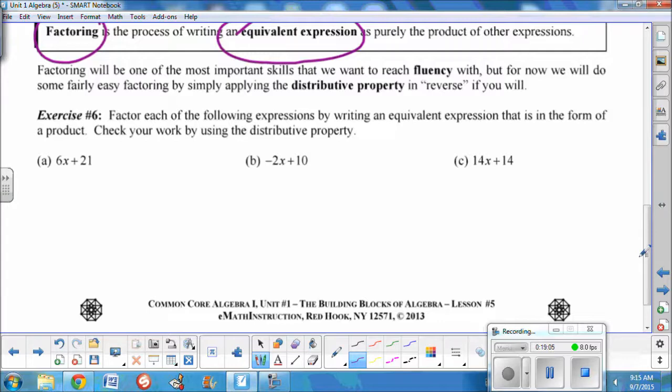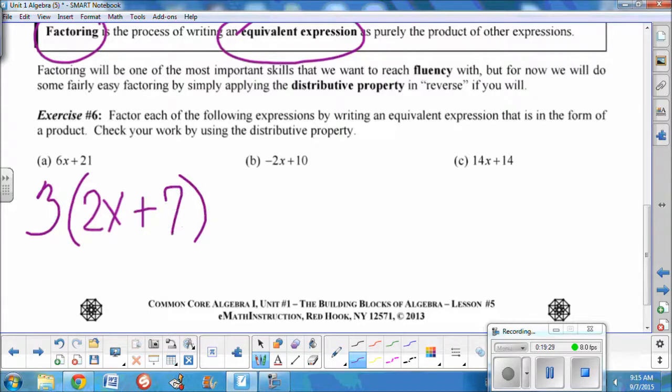So when I take a look at A, I'd say, okay, what factor do they share in common? We've got 6x plus 21. They share a common factor of 3. So 3 times what gives you 6x? 2x. 3 times what gives you 21? 7. Done.